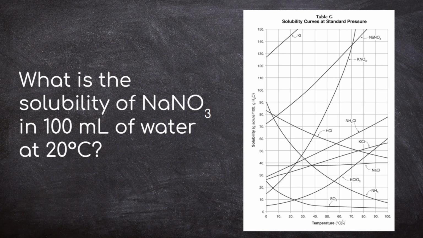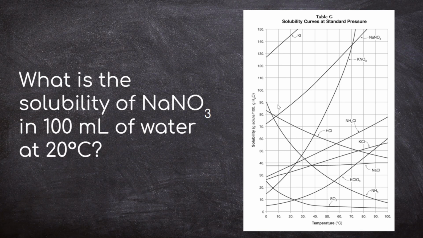And our temperature scale is down here. So what we would do is go down to the 20 degrees Celsius. Just look for my arrow here, my pointer. We would go up until we hit the sodium nitrate line. It's right here, this curve at 20 degrees.